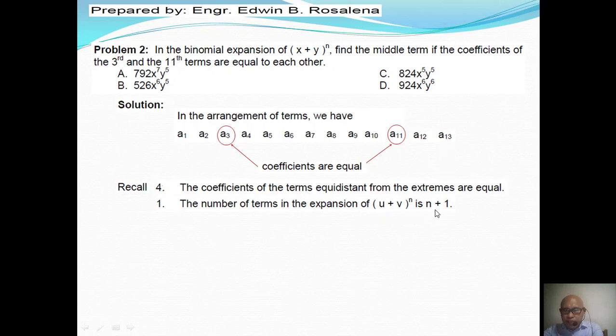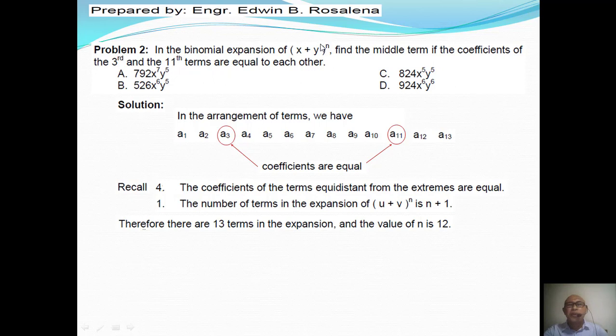So, if n plus 1 is 13, that means the value of n is equal to 12. Na? So meaning, 12 pala tong n. Because if this is 12, then we have 13 terms in the expansion. Kuha? Okay.